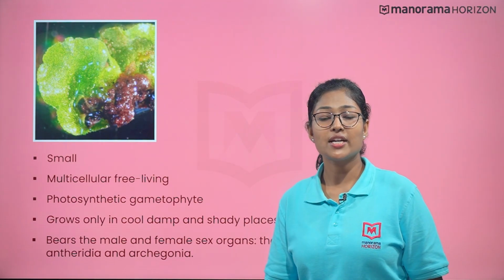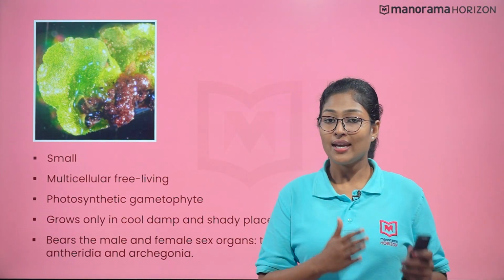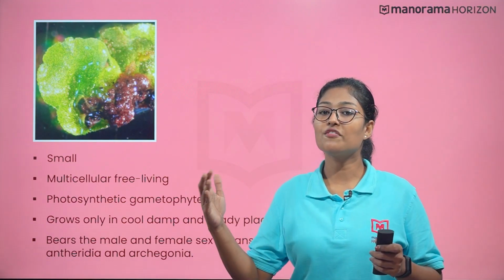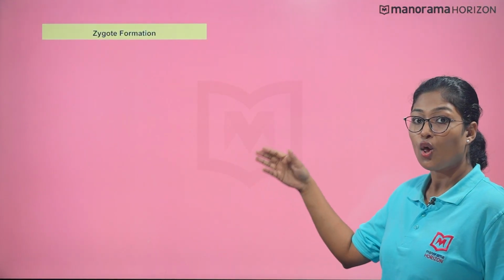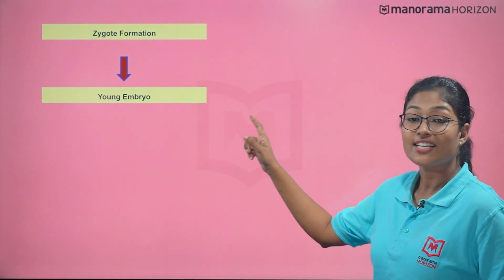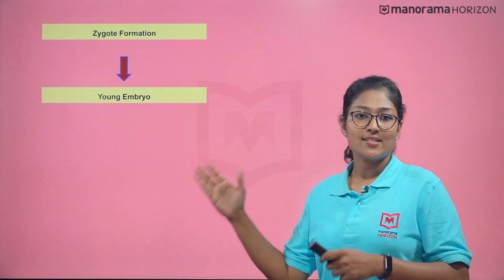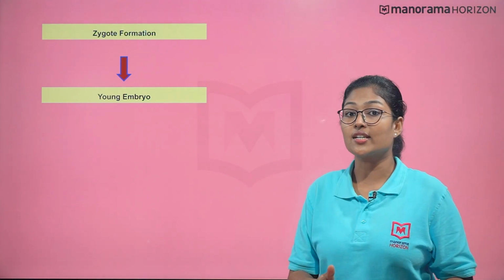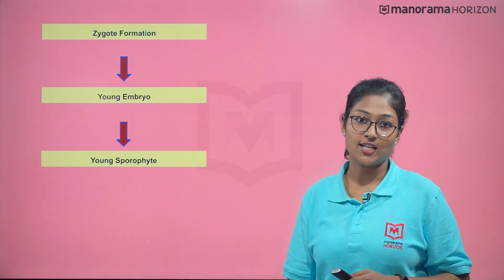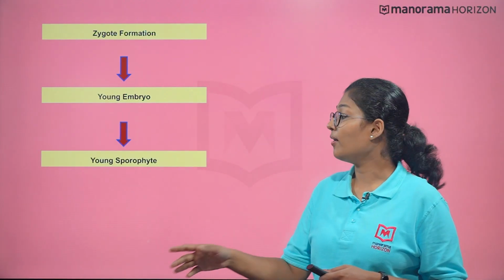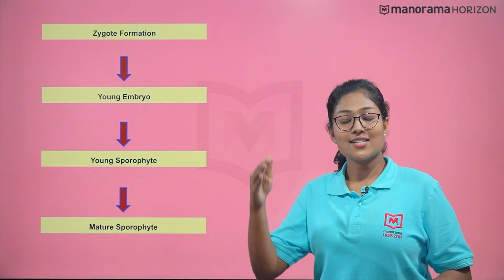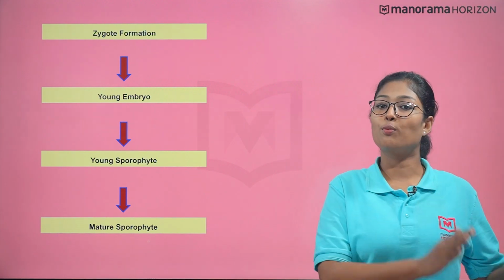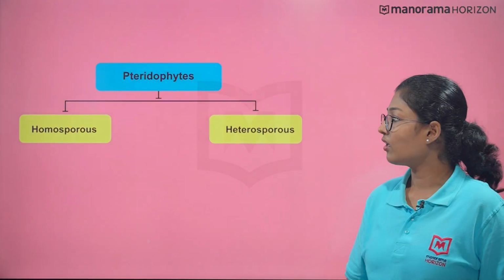Keeping water as a medium of movement, the male gametes are released to the mouth of the archegonium, resulting in the formation of a zygote which develops into a young embryo. And this embryo gets differentiated into a young sporophyte and ultimately into a mature sporophyte. So we can infer that there is a gametophytic phase and a sporophytic phase as well.